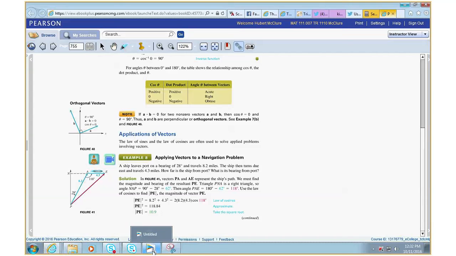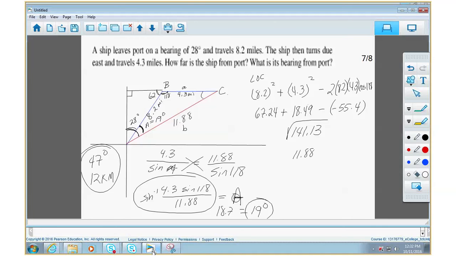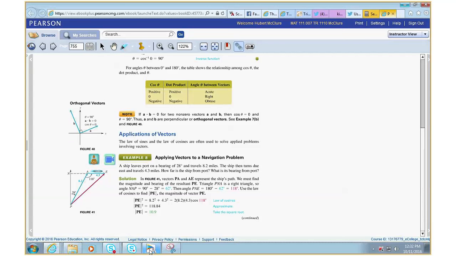Hold on a minute. Y'all got 141. We got 141. So y'all got something wrong up here. Check your numbers again. 8.2 plus 4.3 minus blah, blah, blah.